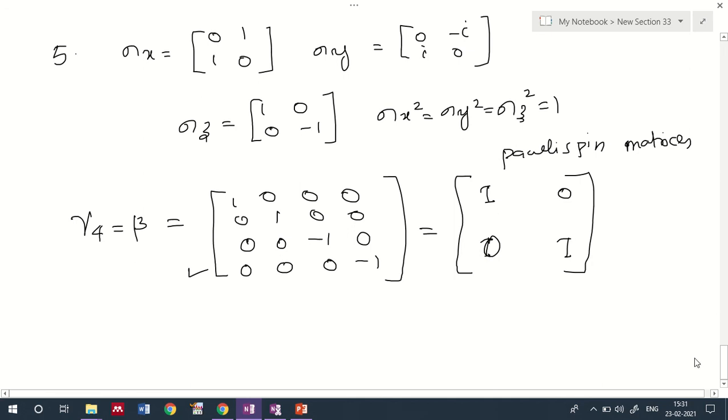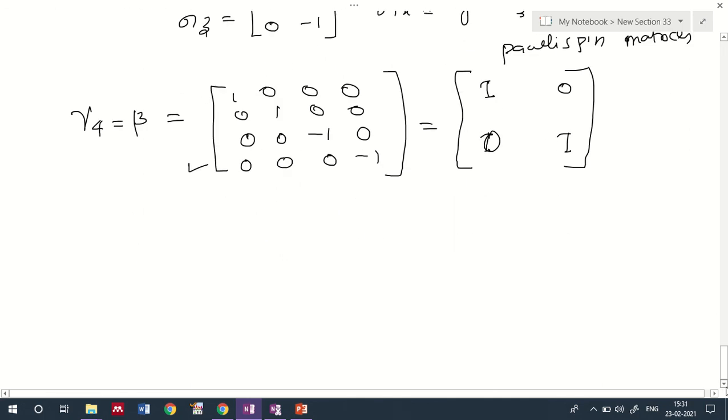So how does the beta look? If it is this matrix, we can simplify it in terms of 2 by 2 blocks: I, 0, 0, I, where I is the unitary matrix and 0 represents the null matrix, not a single 0. Then we have alpha k.